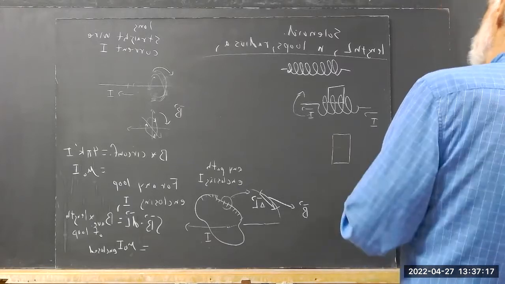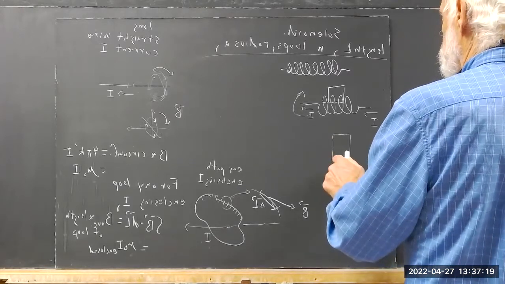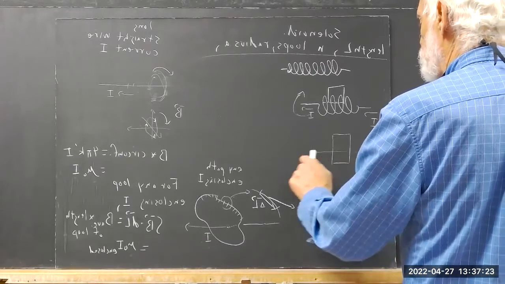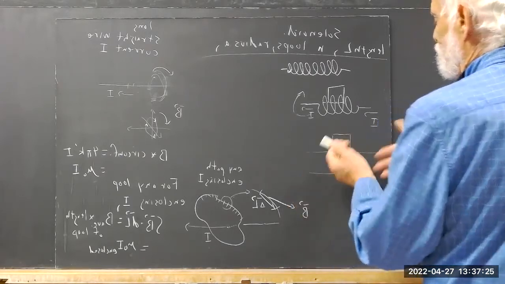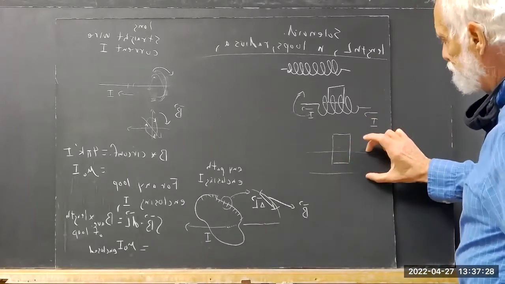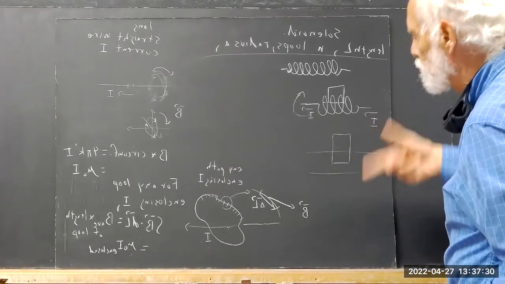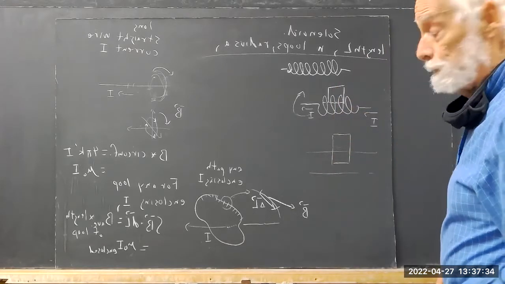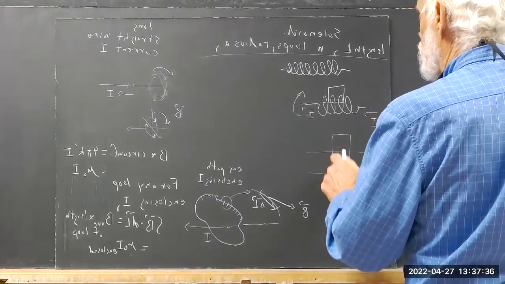you've got magnetic fields within the loop. Let's just say that this represents the outer surface of the solenoid, the outer surface of all these loops. Then you're going to have a magnetic field.